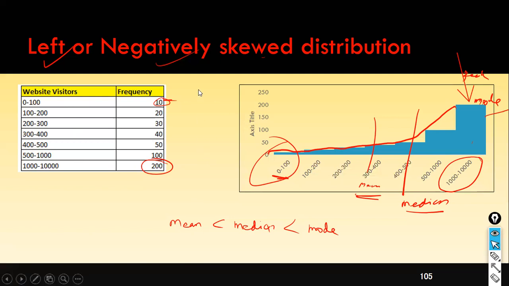Total weighted sum divided by total frequency will give you the estimated mean. So you can tell them the estimated mean number of visitors is approximately 2,700 or so. If somebody asks you what the estimated average number of visitors is, you cannot just tell it directly, so you need to use this formula and then you can tell it.